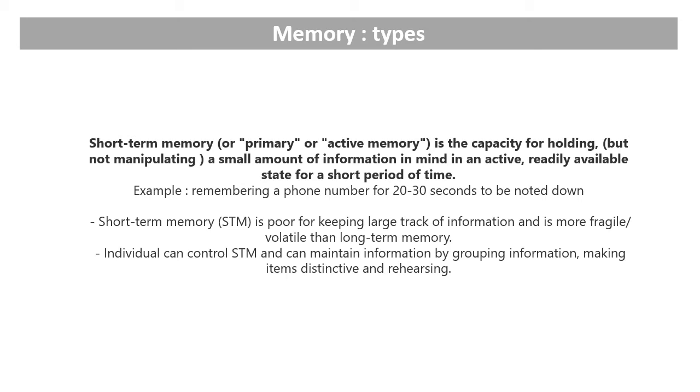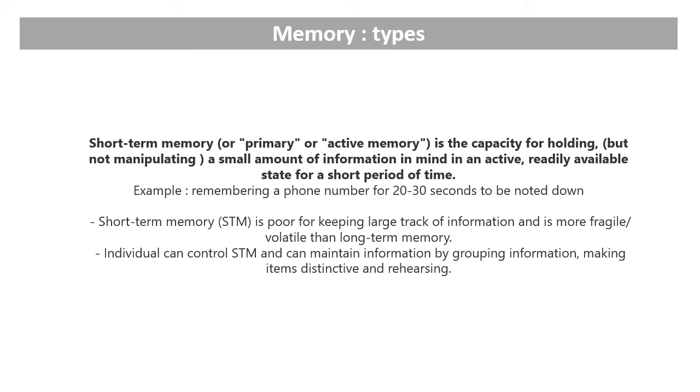You can only store a small chunk of information, and it is more fragile or volatile than long-term memory, because you might tend to forget it, or you might commit some mistakes or errors while trying to retrieve from your short-term memory. An individual can control short-term memory and can maintain information by grouping information, making items distinctive and rehearsing.